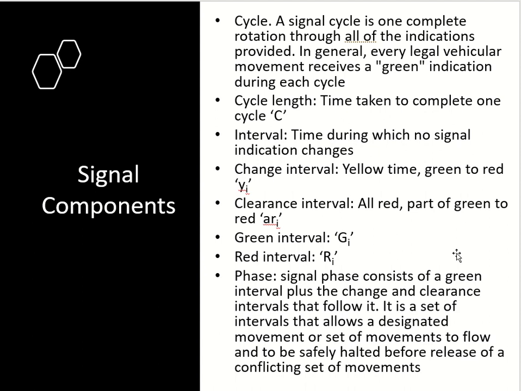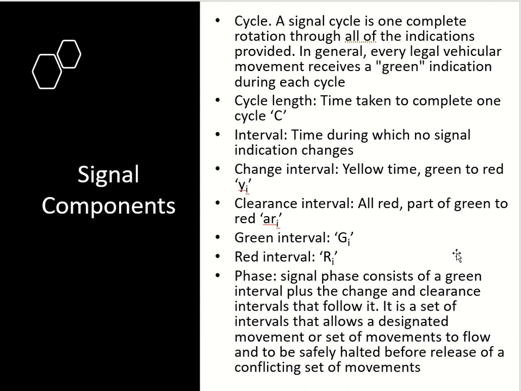Then we have an interval. Within one cycle, we have multiple intervals. One interval is the time during which signal light indications remain constant. They don't change. For example, the signal just became red.